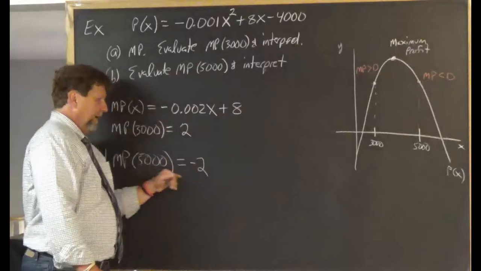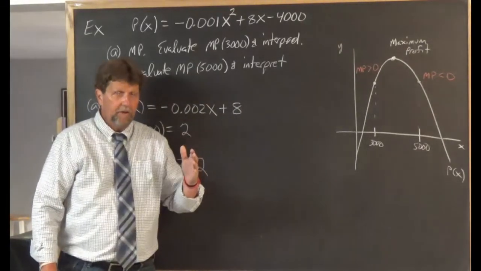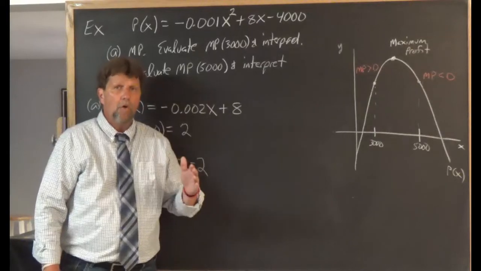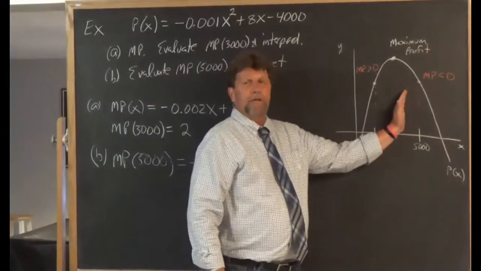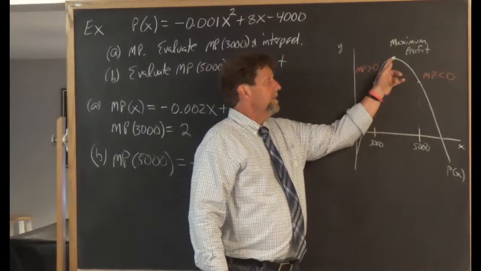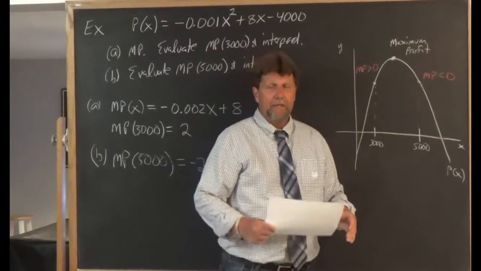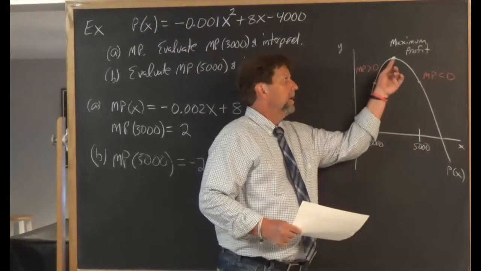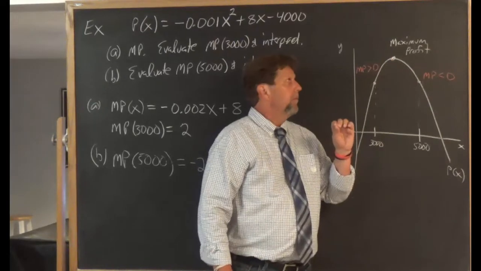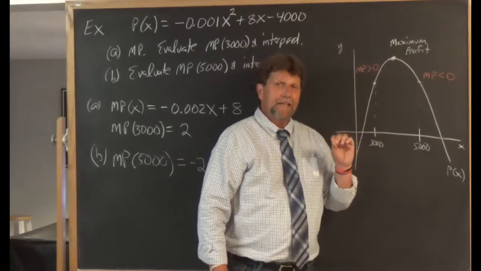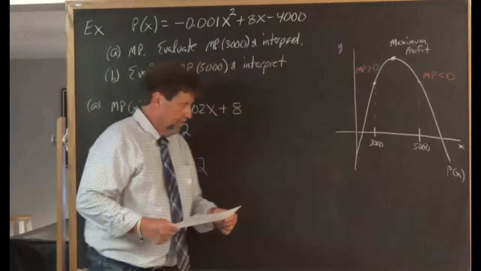Because MP of 5,000 was negative, I'm not going to say yes. In fact, I'm going to say no, don't increase production. You want to decrease production. This is what you want to get to. And I'm just going to foreshadow what's coming up in a future chapter: that point right there is when marginal profit is equal to 0. But that's just a little foreshadowing.